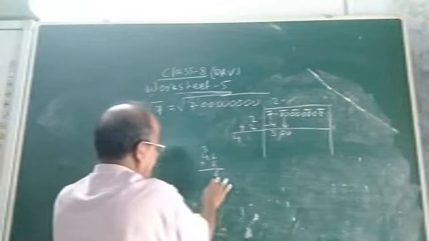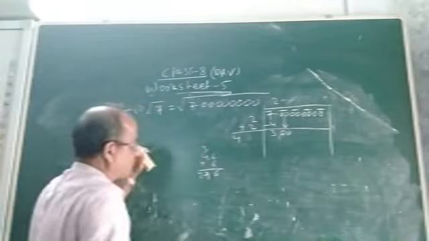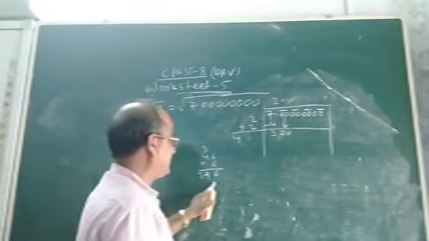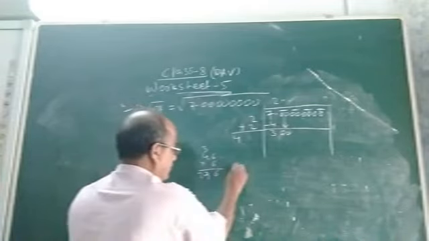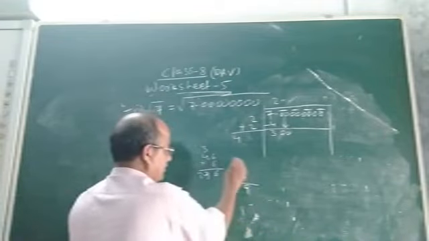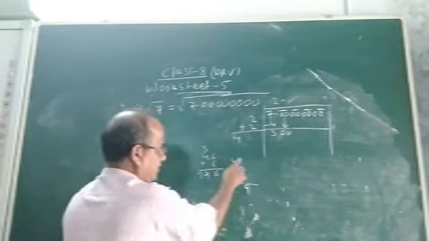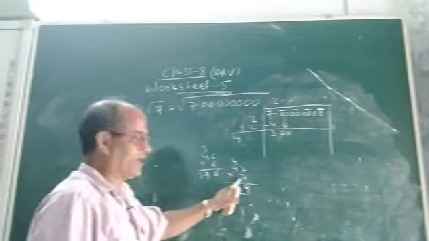6 6s are 36, carry 3. 6 4s are 24 plus 3 is 27, so 276. Yes. If you put 7, what will happen? It will be greater. 47 into 7: 7 7s are 49, 7 4s are 28 plus 4. Yes, it will be more than 329. It will be greater than 300. So we cannot put 7.